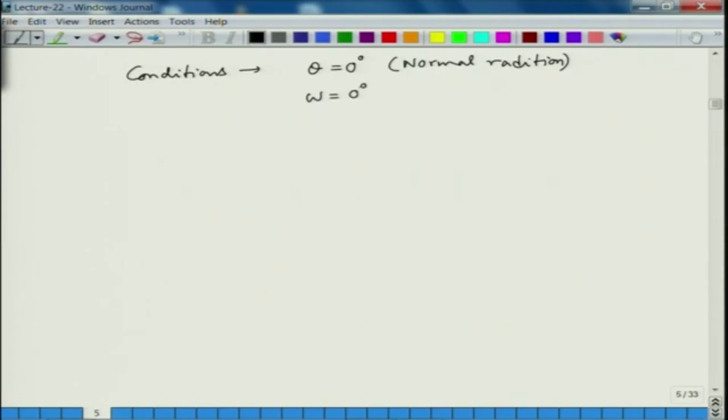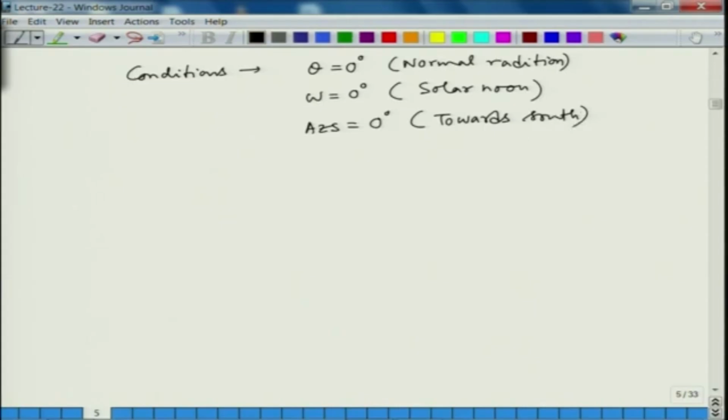At solar noon, that means when the hour angle is 0 degree. So, this means solar noon. Okay. And here we are working for the northern hemisphere. So, the surface orientation will be towards south. So, AZS will be 0 degree as well. So, this means towards south.